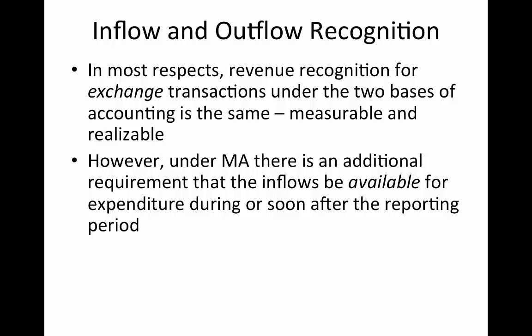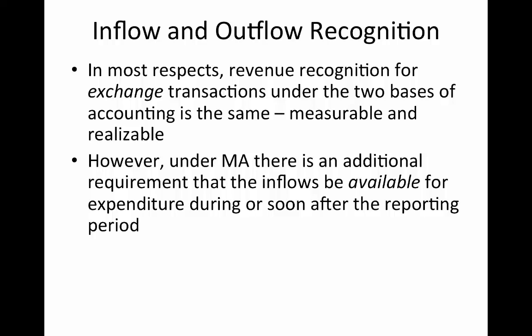Available means that either it's going to be collected during the year or soon enough after the end of the year that it can be used for current period expenditures. For property taxes, that is set in the accounting standards at 60 days beyond the end of the fiscal year.